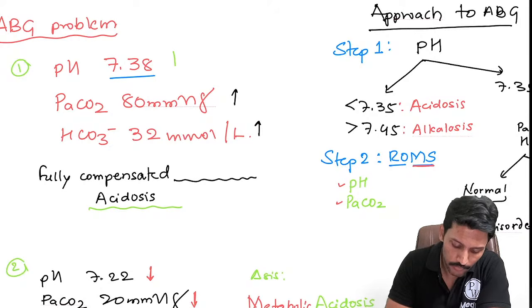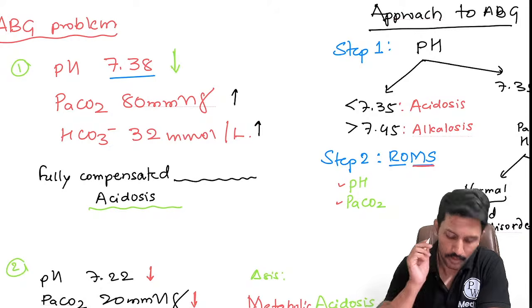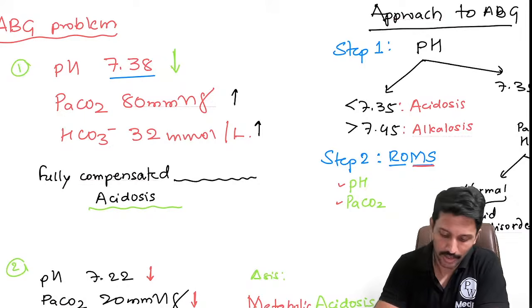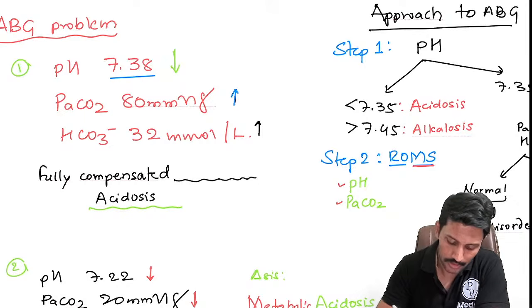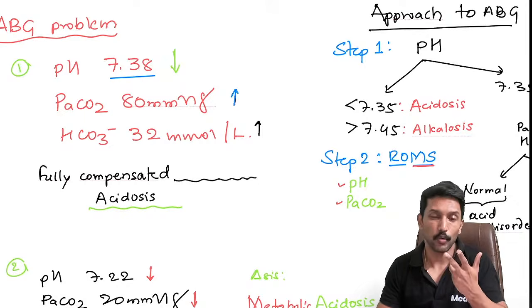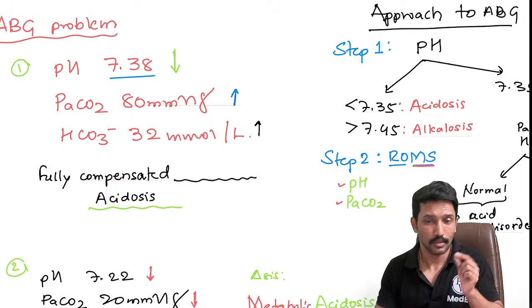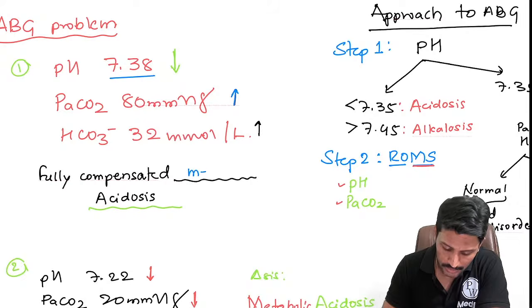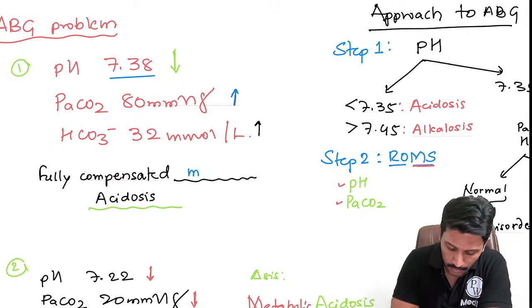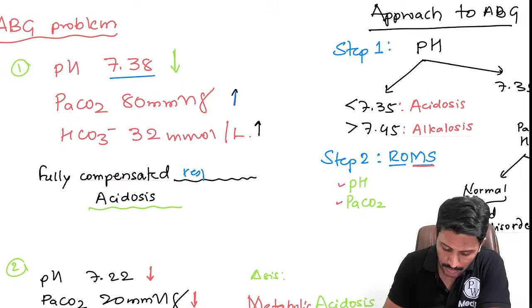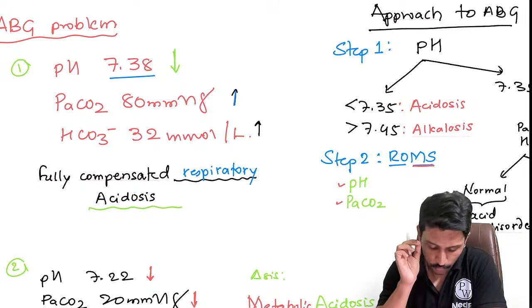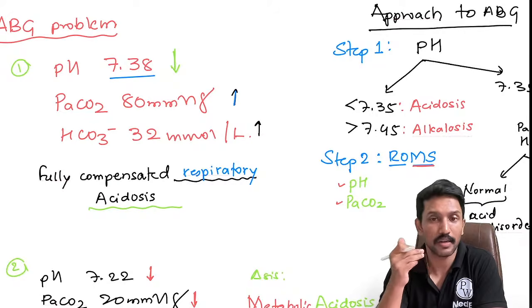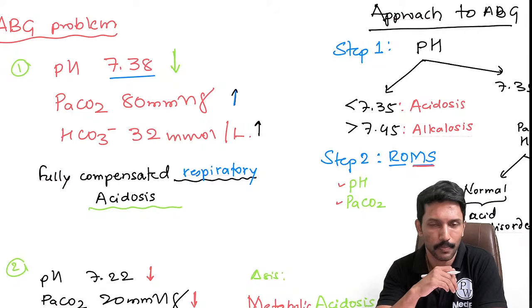So in comparison to 7.4, the pH is decreased and PaCO2 is increased. They are in the opposite direction. So what becomes my answer? Opposite, so it becomes respiratory acidosis. So it's a fully compensated respiratory acidosis.